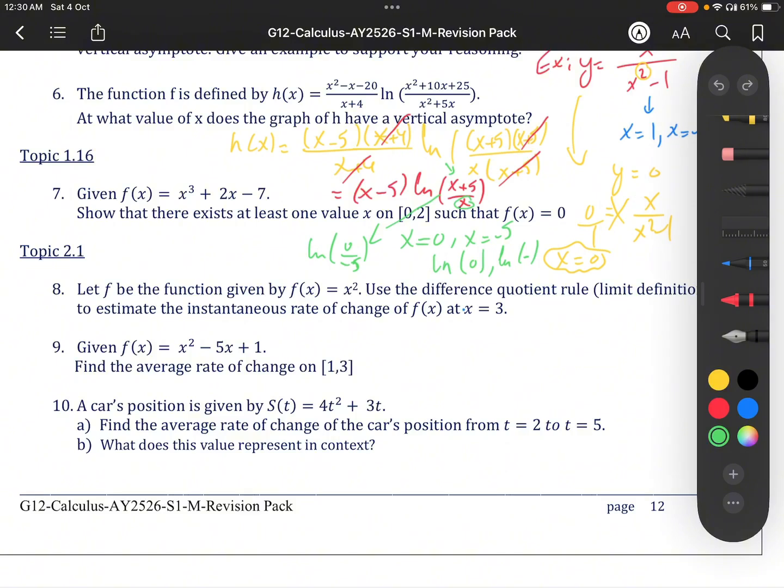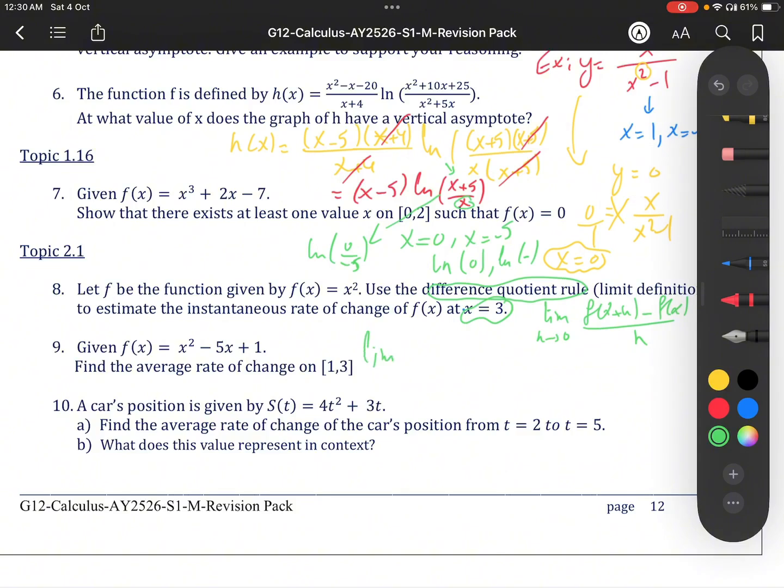Number 8, difference quotient rule. Limit f of x plus h minus f of x over h when h approaching 0. And the x is 3.